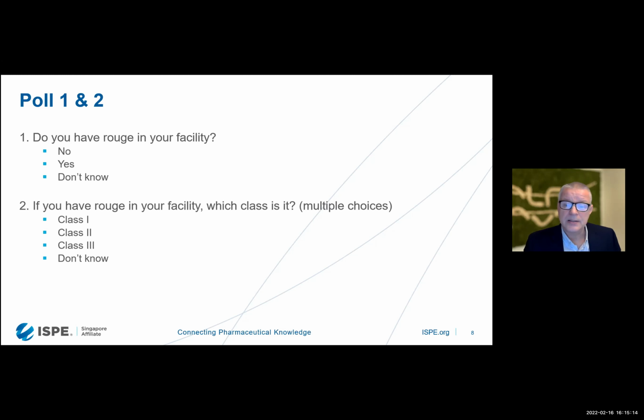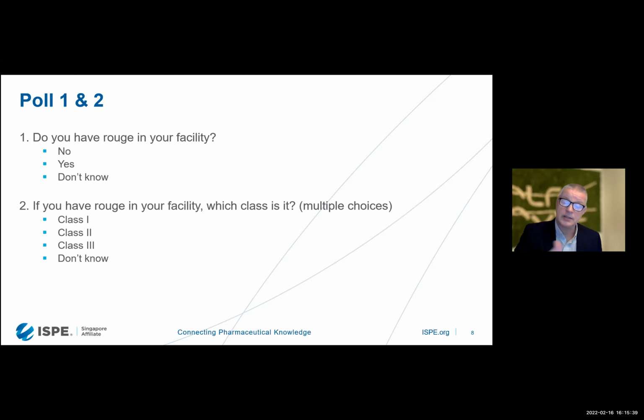The second question is a little bit more difficult, because many of the pharmaceutical companies don't really know if it is class 1, 2, or 3 rouge. But if you know that, it's very good. It helps a little bit to know what type of rouge you have when you should remove the rouging later on.